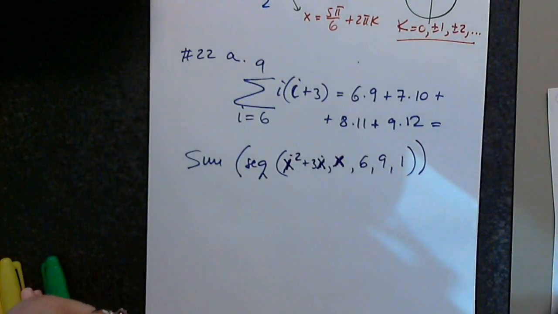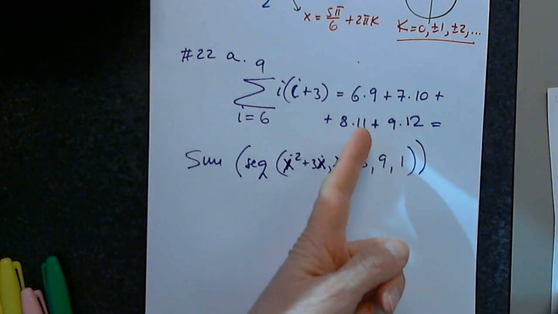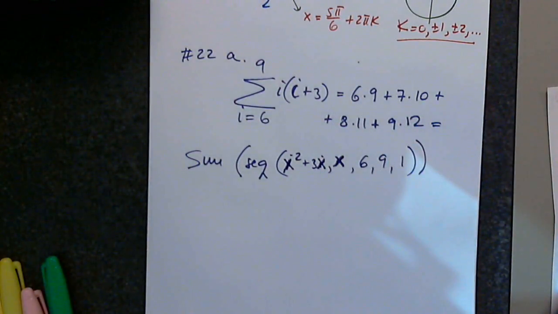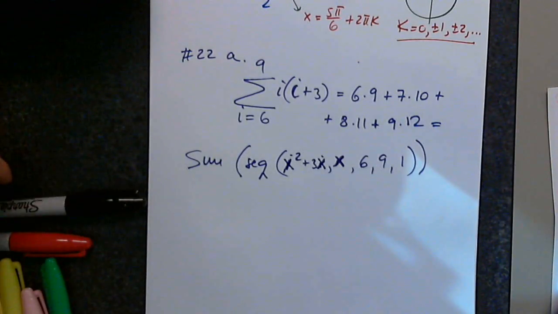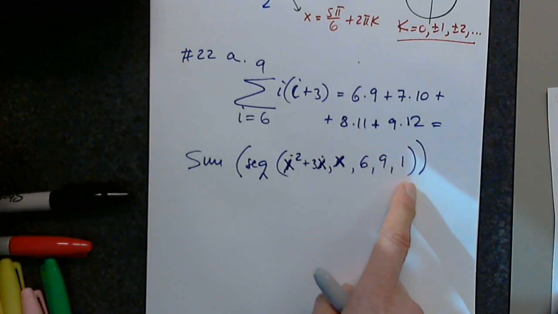And don't forget to close, although it will probably work without closing both parentheses, but it's safer this way. And then it will calculate for you the 6 times 9 plus 7 times 10 plus 8 times 11 plus 9 times 12. With x squared plus 3x, comma x, comma 6, comma 9, comma 1.